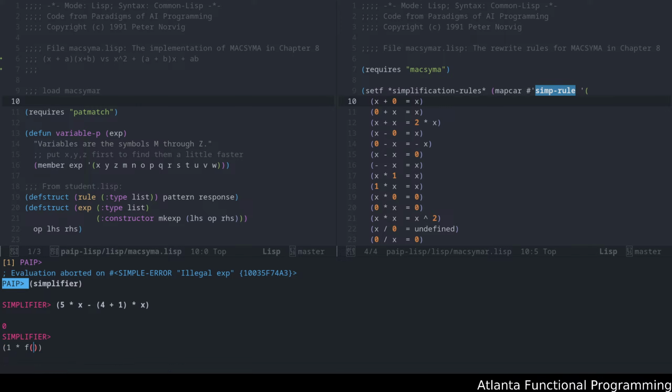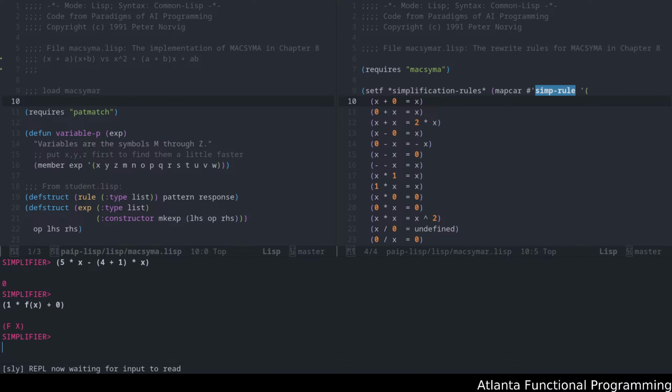Now, this also handles this sort of situation. If you have f of x plus 0, you will see f of x appropriately, because that notation there was converted from infix to prefix through the function call infix to prefix, and then it returns the infix to prefix simplified form because it can't further evaluate it.